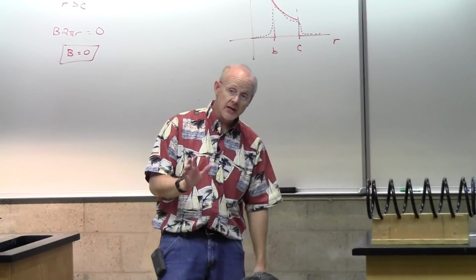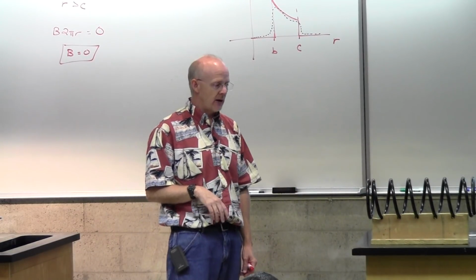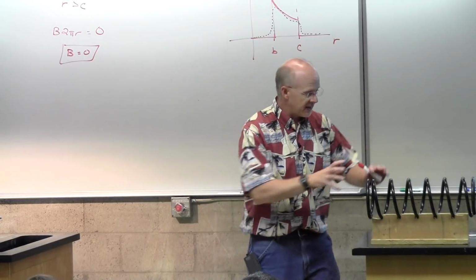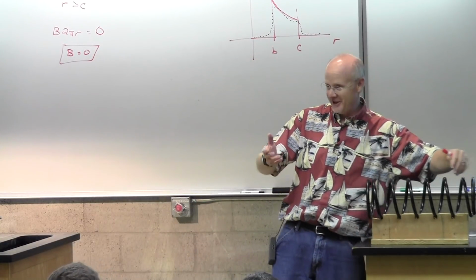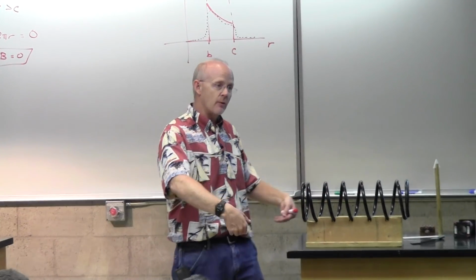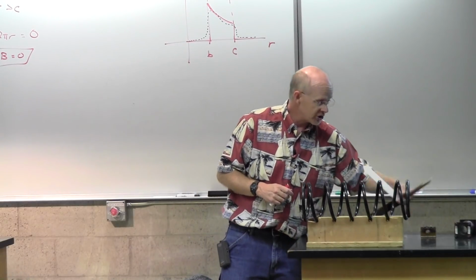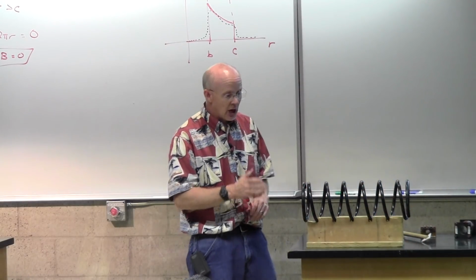So their field's not quite as strong, but it's uniform. That's nice. They're kind of zero on the outside, but only if we approximate them as being infinitely long, and there really is no solenoid that's infinitely long, so the field is eventually going to wrap out of the back end and back inside. So they unfortunately have that disadvantage.